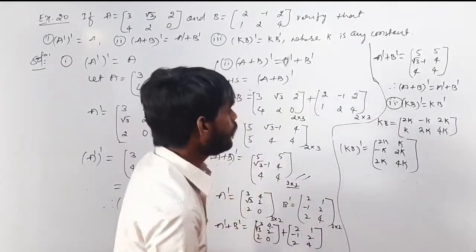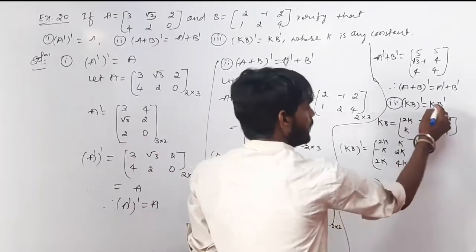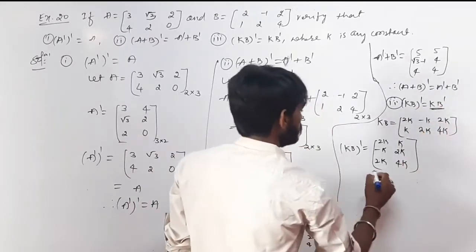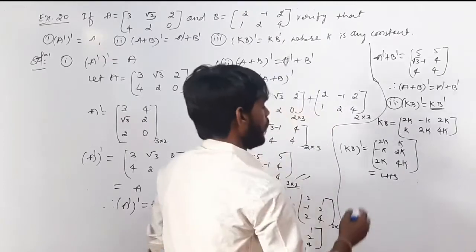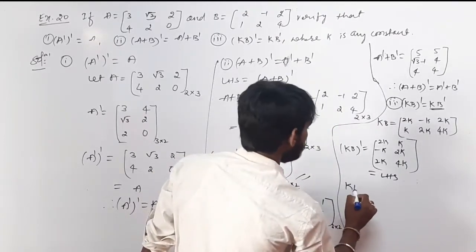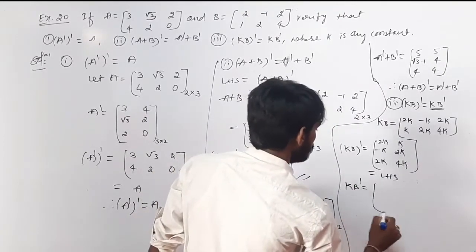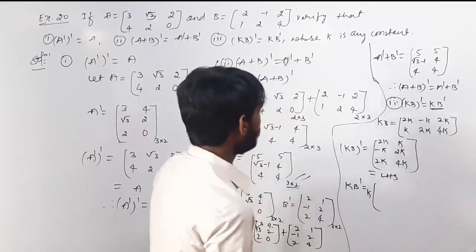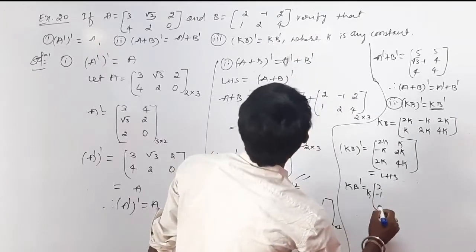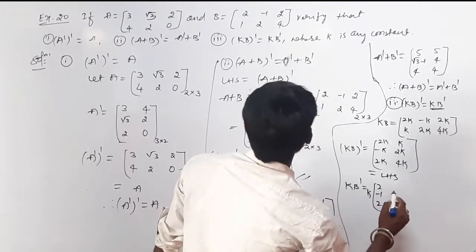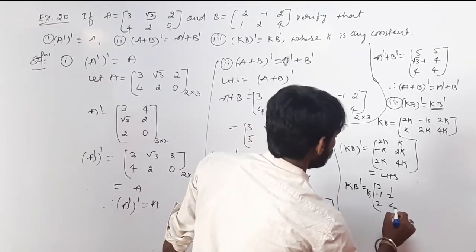Okay, now we can take the RHS, which is k into B dash. B dash is the transpose of the B matrix: 2, minus 1, 2, 1, 2, 4.